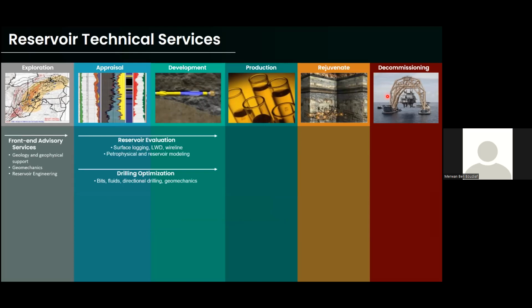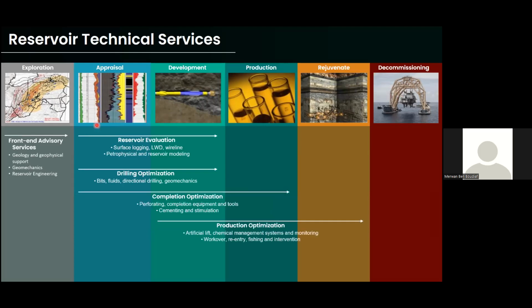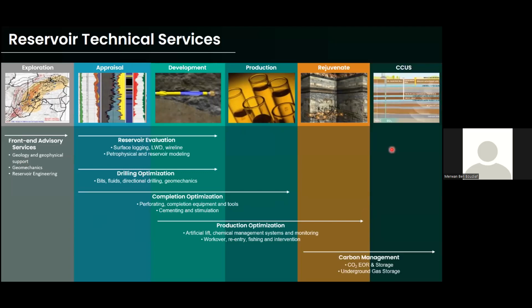This group provides different types of services that fit the needs of different customers at different levels, going from geology and geophysical support towards drilling optimization, completion, and production optimization. And more recently, with the booming of CCUS related applications, we are also providing solutions related to carbon management for storage.